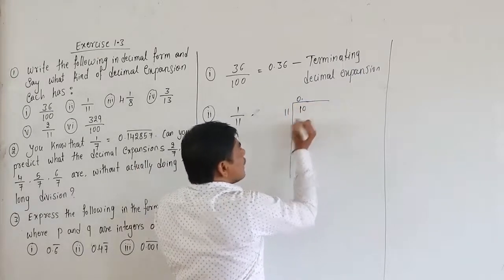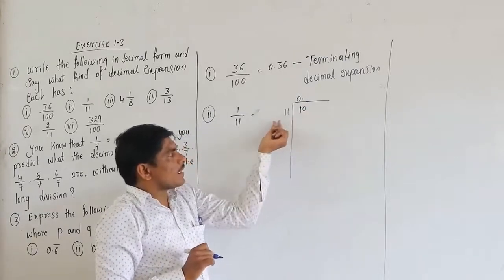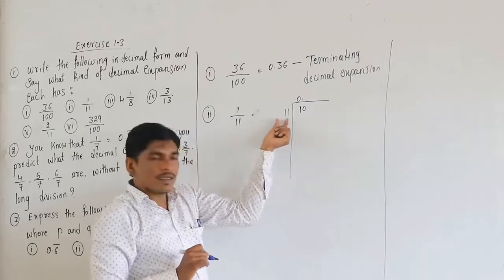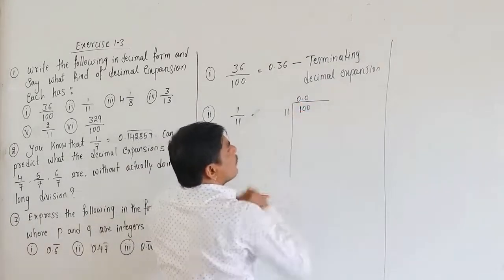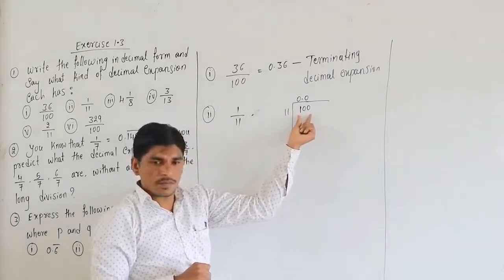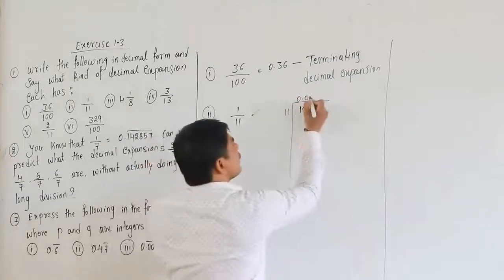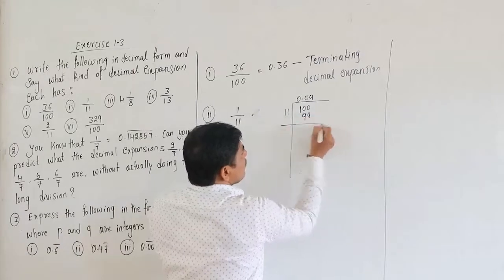Here 10 is formed. Again we observe this number. 10 is also not divisible. 10 is smaller than 11. Again you take one more 0. Now the given value 100 is formed. Now 11 nines are 99. Then you simplify it.